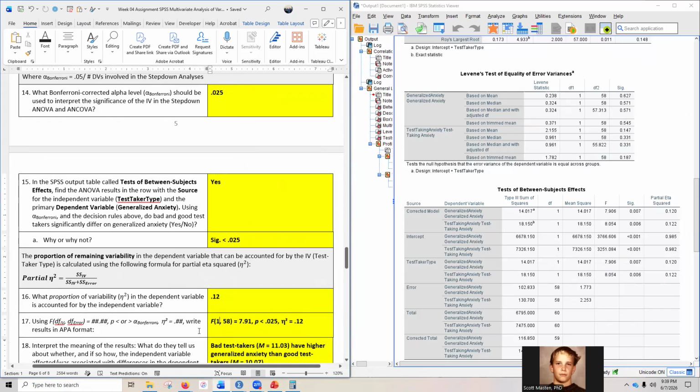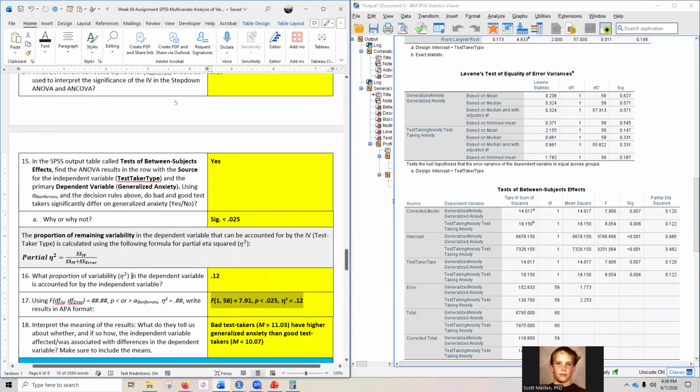So we need to fill out our F value. Our F value is an F of 1 and 58 degrees of freedom, equal to 7.91. Our sig was less than 0.025. Remember to use the Bonferroni corrected alpha level, as it says here. And then our eta squared is equal to 0.12. And that's where we fill all this stuff out from.